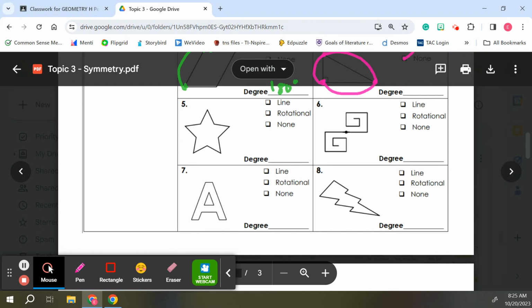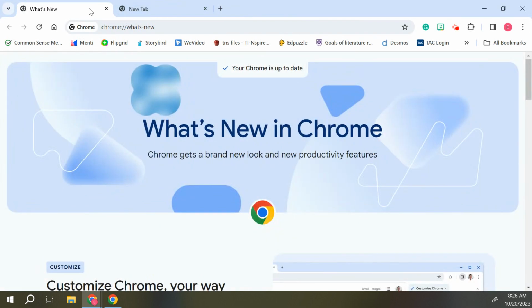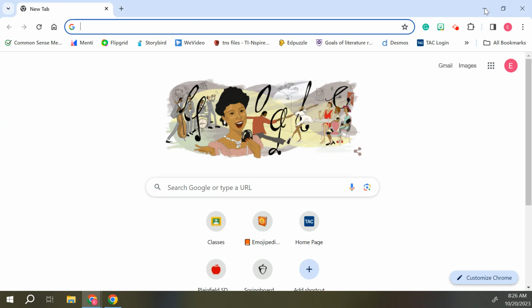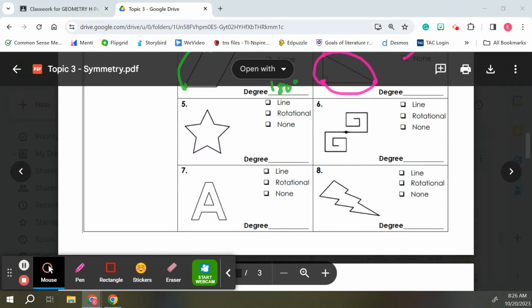No, it is. Okay. 360 divided by 5 is 72. Yeah, 72 degrees. And then number 6 is 180. It's rotational. Sorry, 7 is. Yeah, it is. 7 is the line. Is there just one line?